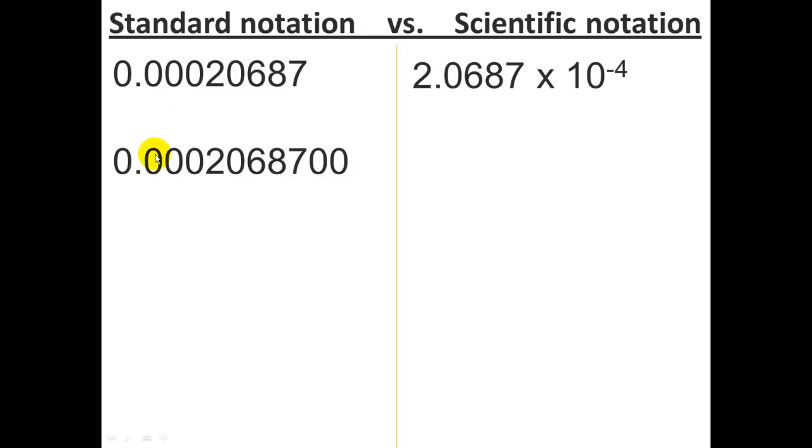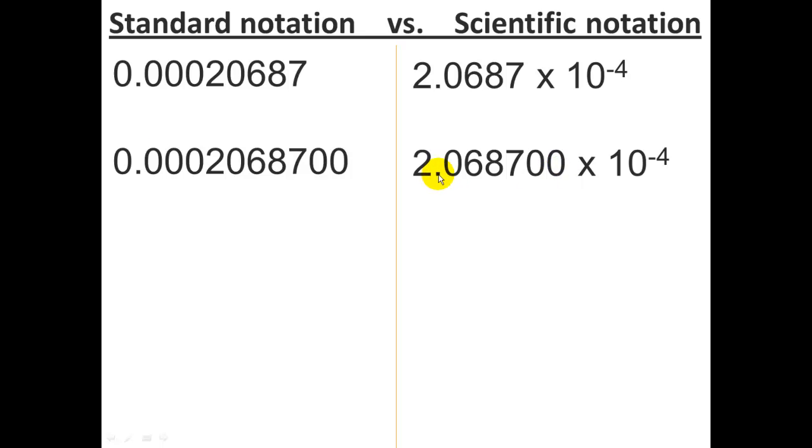This number, notice the decimal is in the same position relative to the first non-zero digit we hit as we move from left to right, but since the decimal is showing and we have zeros out to the right, they count. So when we're counting significant figures, we have 1, 2, 3, 4, 5, 6, 7. 7 significant figures. They better show up in our scientific notation. Here they are. 1, 2, 3, 4, 5, 6, 7.